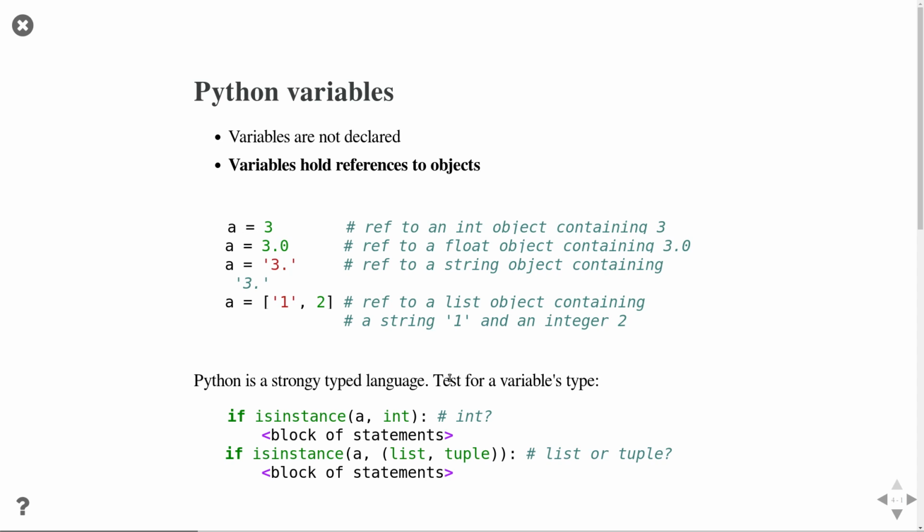And if it is, then we execute the statements below that line. The second if statement checks if a is of type list or of type tuple. So we can actually check if an object is one of several types. And again, if this is the case, then we will execute a block of statements.